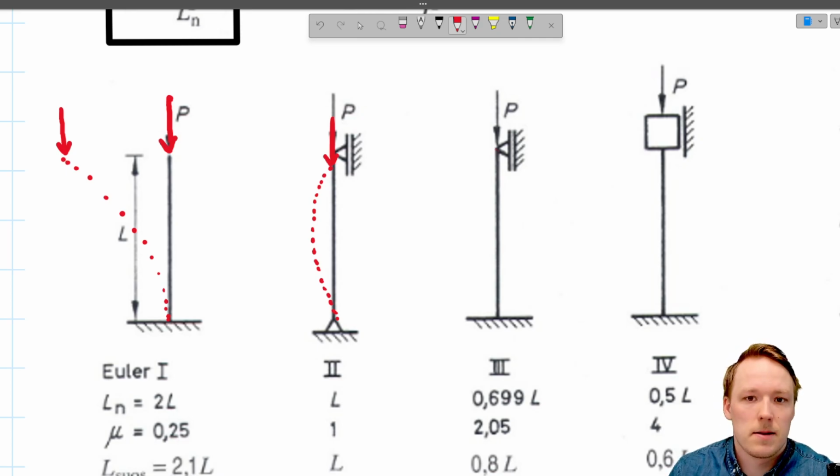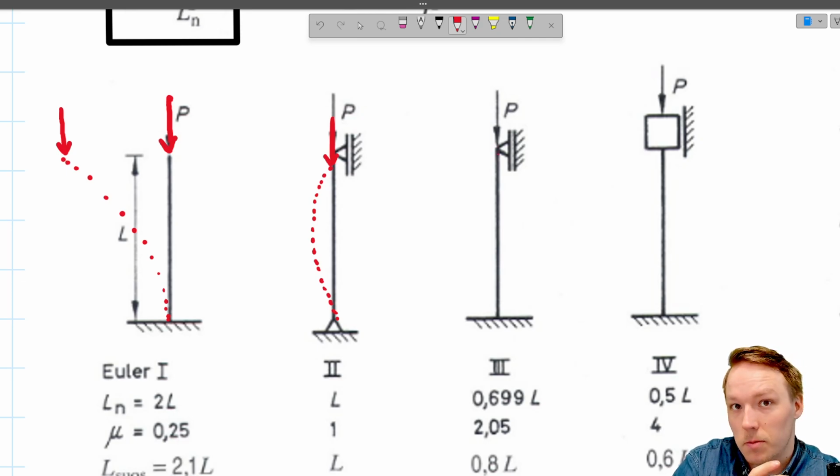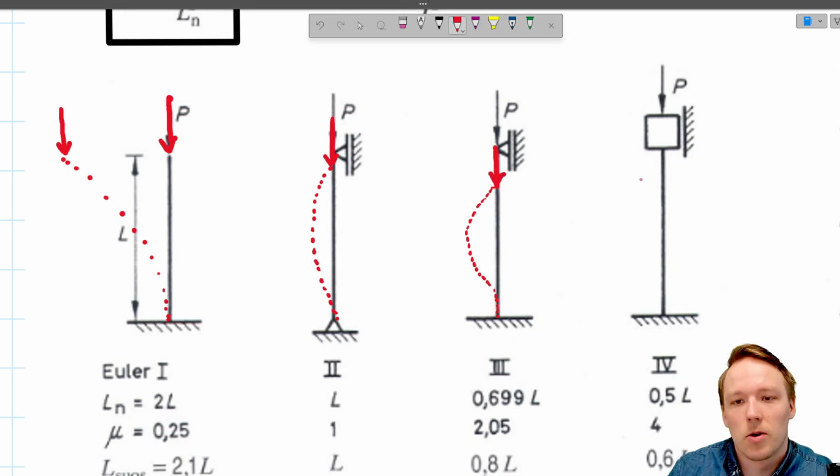Scenario 3 has a sliding support with hinge at the top, just like scenario 2, but the difference is that at the bottom it's rigidly mounted to ground. And the buckling shape will start linear from there, and then it will do a curve like this. Now you can try to think what would happen in scenario 4.